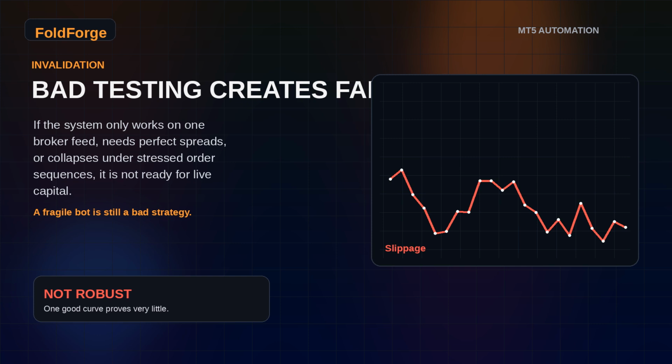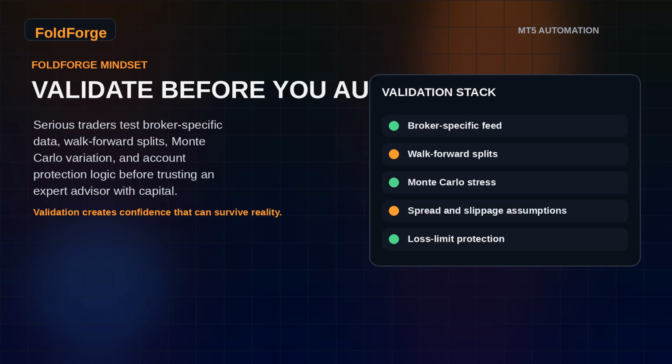If the drawdown becomes unacceptable the moment you stress the order sequence, it is not safe. And if the trader cannot explain exactly why the strategy should work in market terms, the automation is just complexity without edge. This is where serious automation becomes different from retail bot chasing. A serious trader does not ask only whether the MT5 expert advisor can execute the orders.